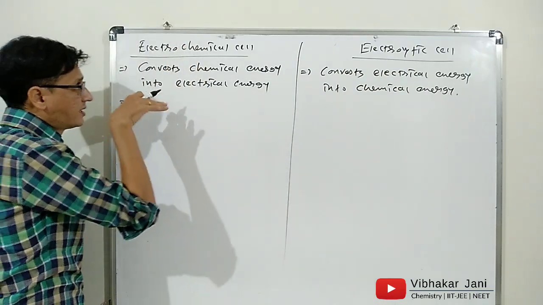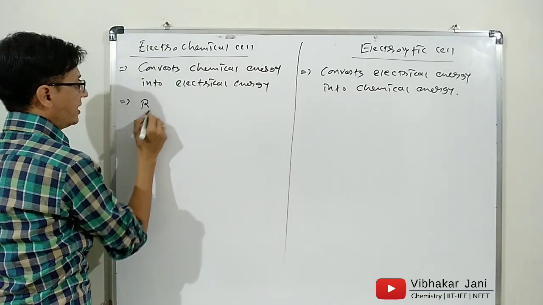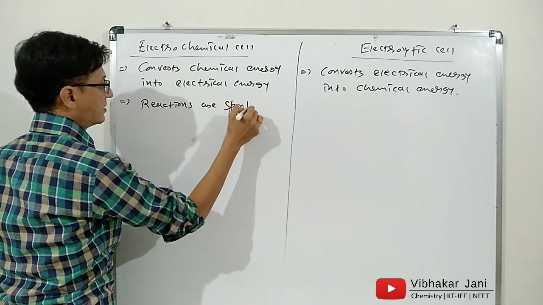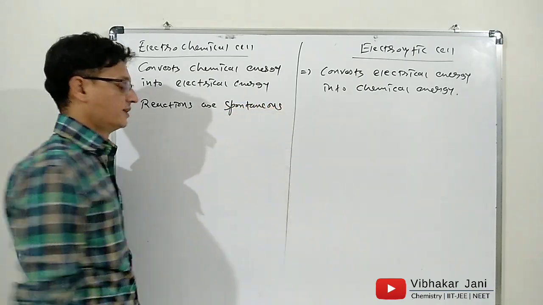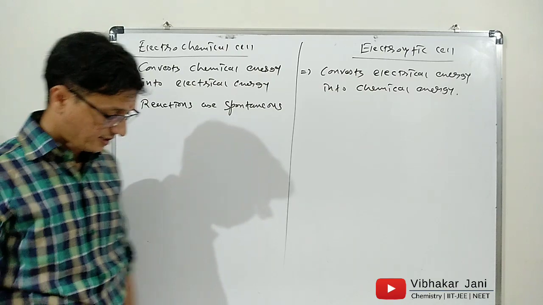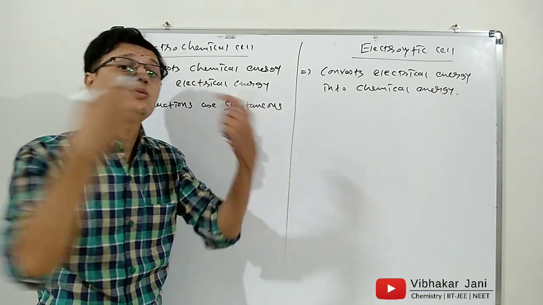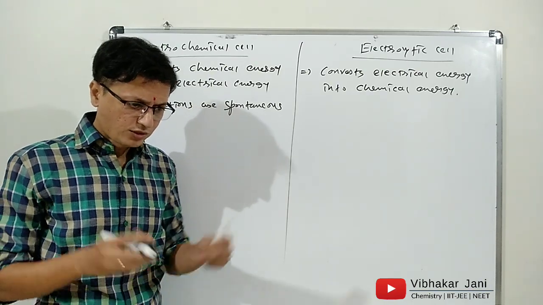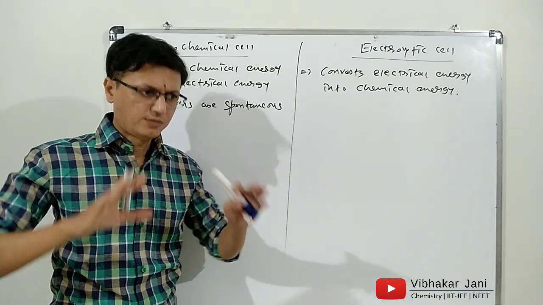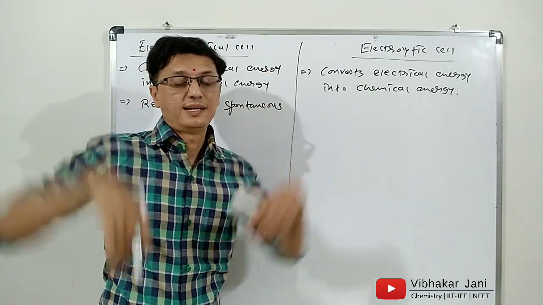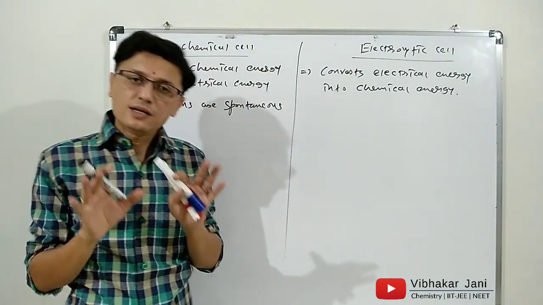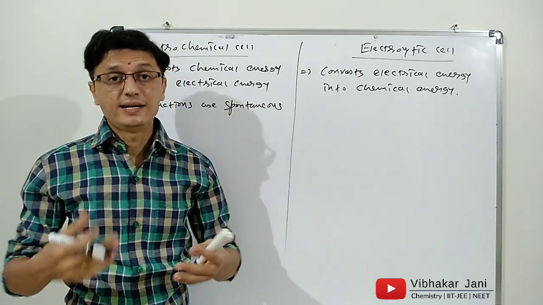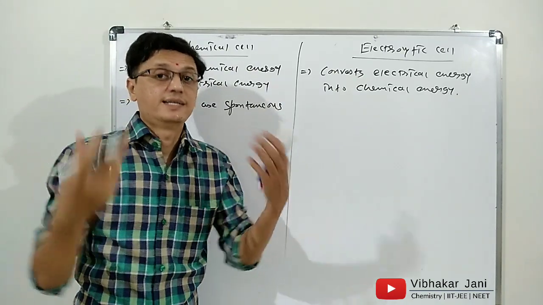The reactions which occur in an electrochemical cell are spontaneous. Spontaneous means the reaction which starts on its own. That means when two chemicals or some rods dipped in those chemicals are set up as an electrochemical cell, then automatically electricity will start generating.